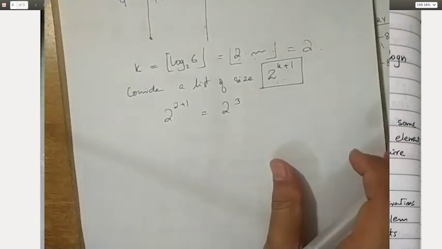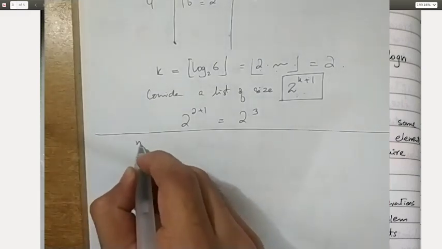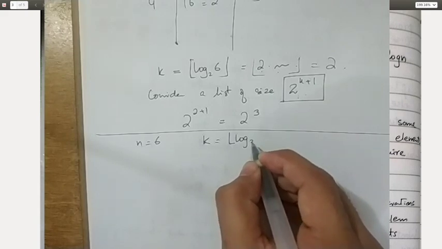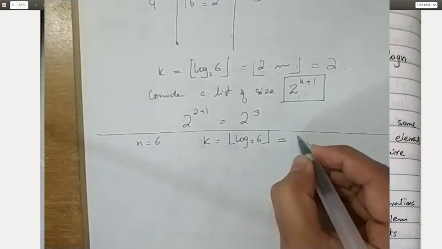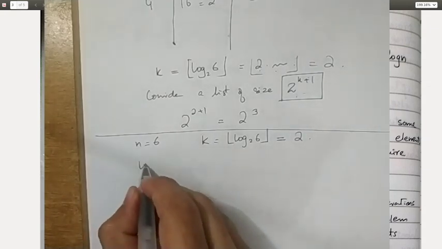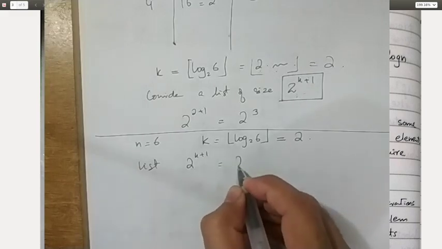So first we found k. N was 6. I found k to be floor of log base 2 of 6, which was 2. Then I know my list will be of size 2 to the k plus 1, which is 2 to the 3.